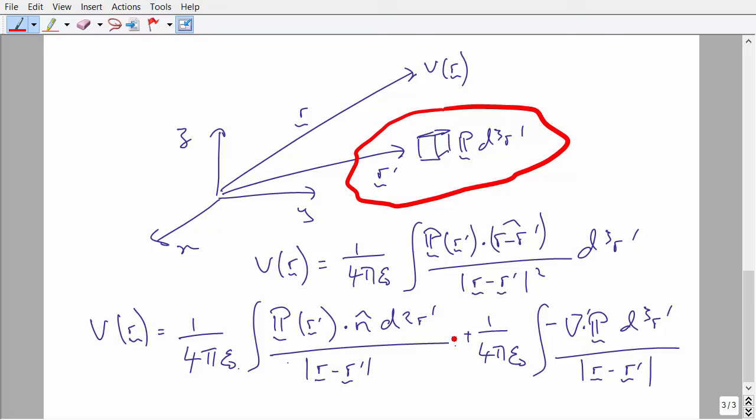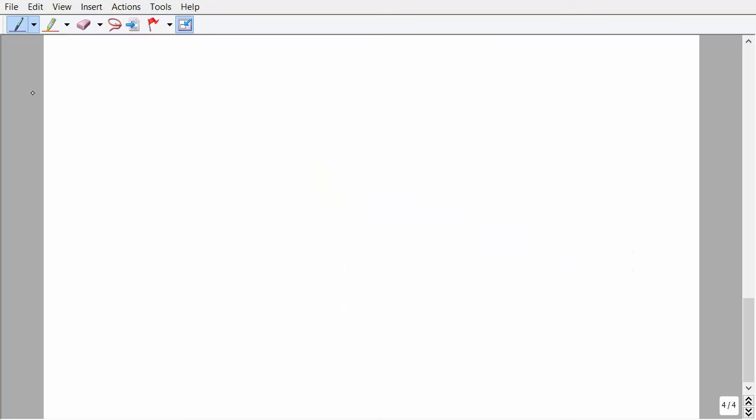Okay, so what we have here, if you'll remember back to electrostatics, is we identified the dot product of the dipole moment per unit volume with the surface normal n hat. This becomes a surface charge density with units of coulombs per square meter. On the other hand, this term here, minus the divergence of the dipole moment per unit volume, becomes a volume charge density.